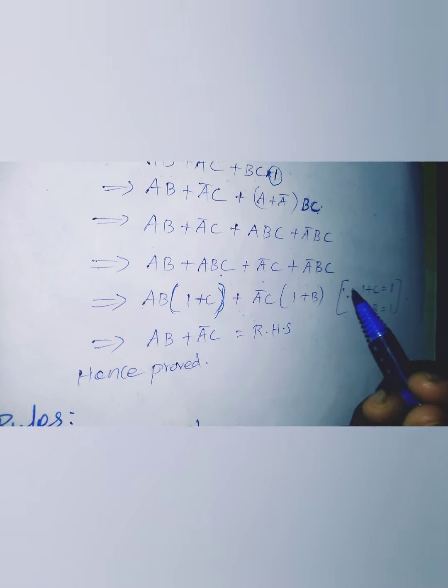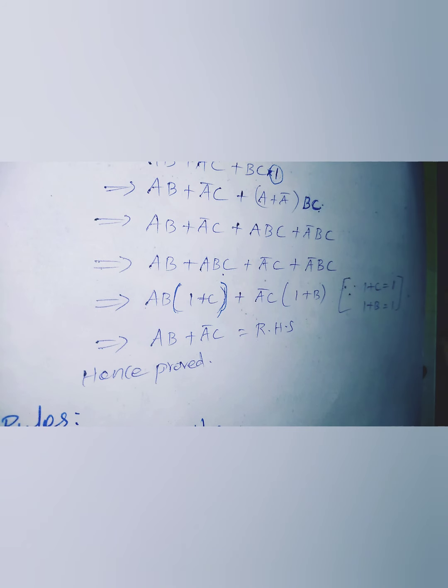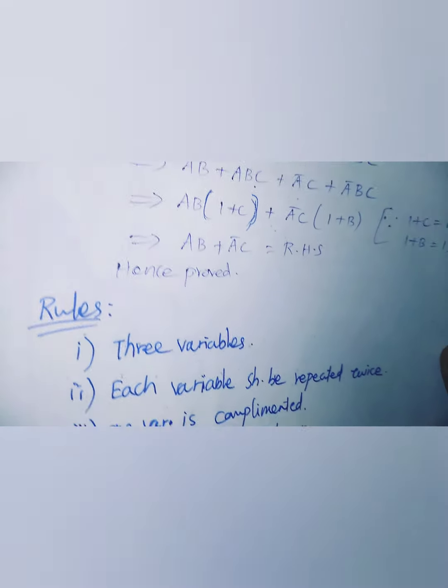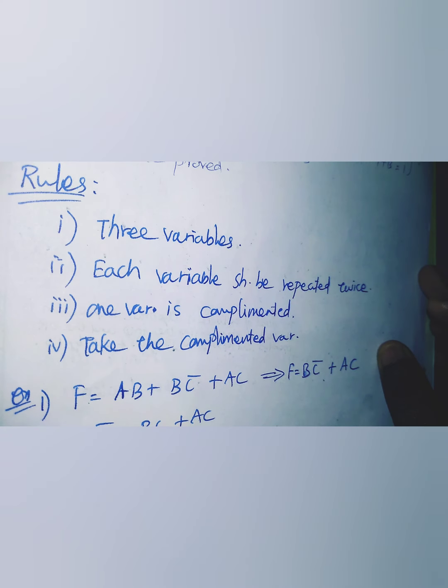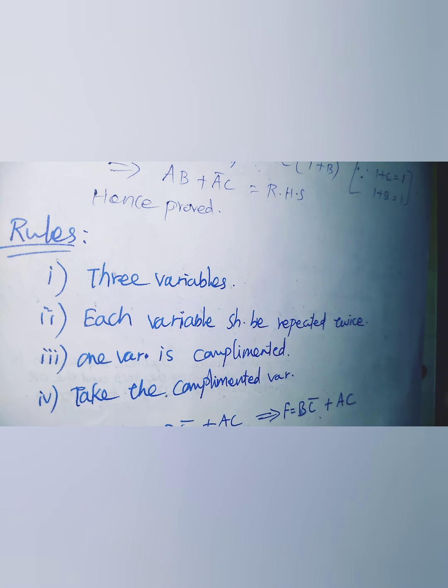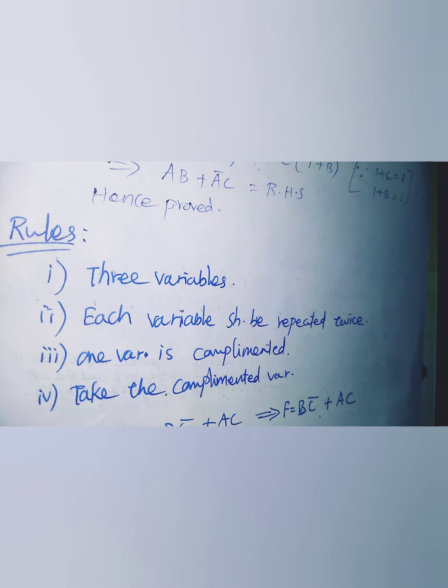Hence it is proved. And we have some rules also; by using these rules you can prove this theorem. What are the rules? First of all, the expression should have 3 variables. Then each variable should be repeated twice.